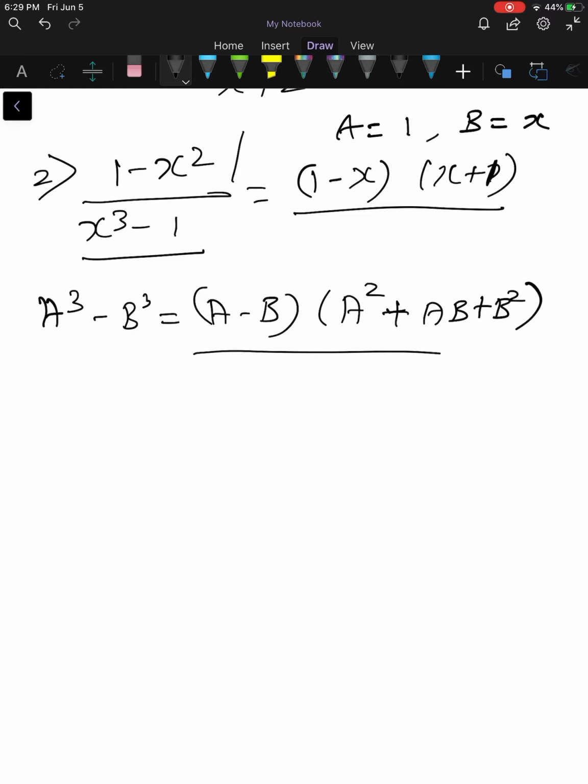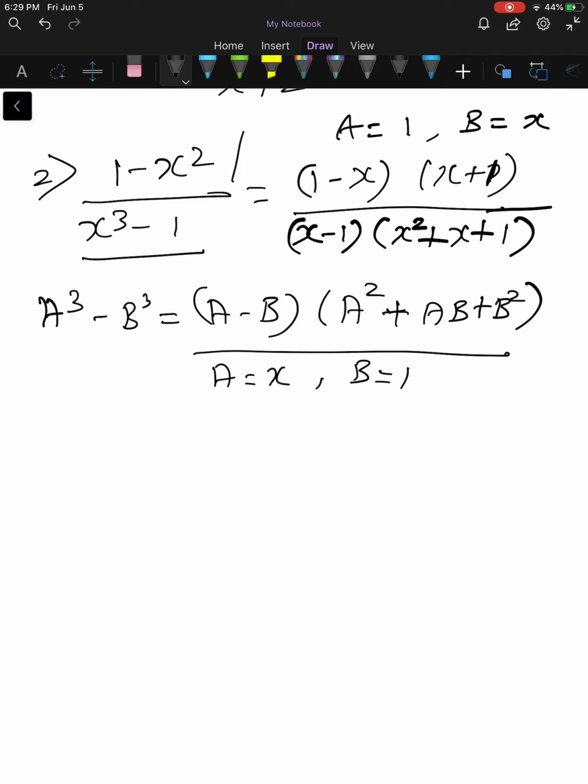If you expand the denominator using this formula, where a is x and b is 1, you will get x minus 1 times a square is x square plus a into b is x into 1, that is just x, and b square is 1 square, that is just 1.